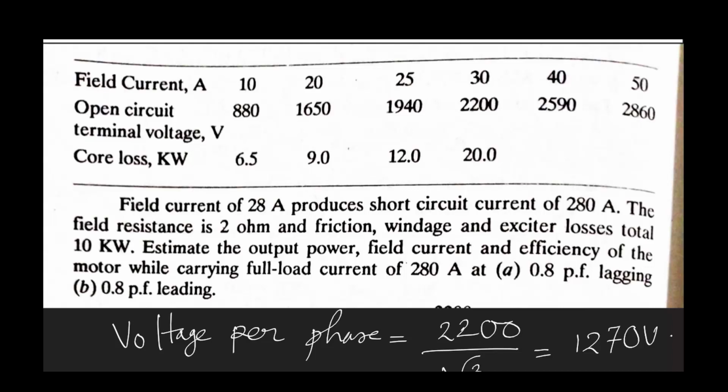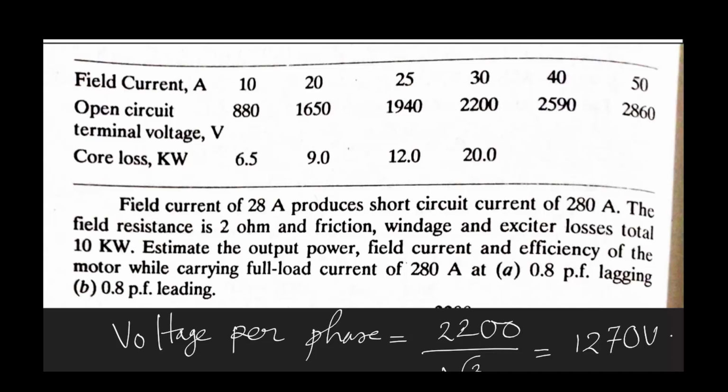They have not considered the core loss constant, which is a very important consideration in the context of your synchronous machine. And let me tell you why. Anyway, what are the other constant losses that are going to remain constant? That is friction, windage and exciter loss.